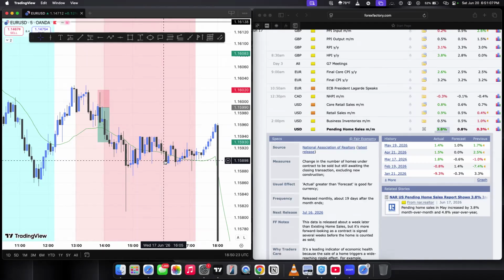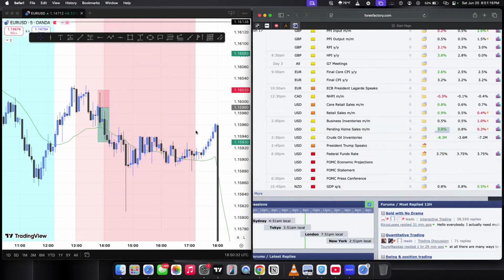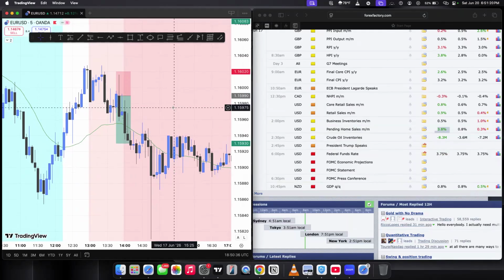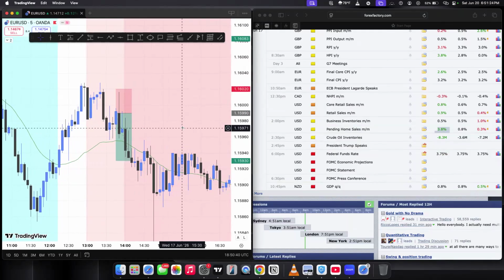You understand what I'm saying? Because you don't know the volume that news is going to bring. Even though it's a low impact news, you still don't know the volume it's going to bring. So if your technicals is bullish and the fundamentals is bearish, you have to trade carefully. Yeah. So that's what I'm trying to say.